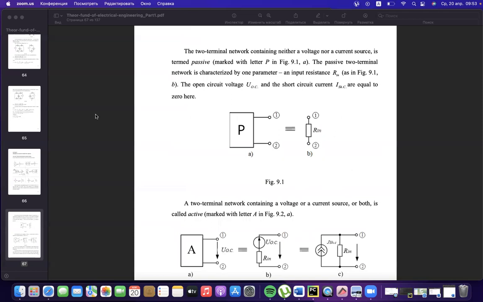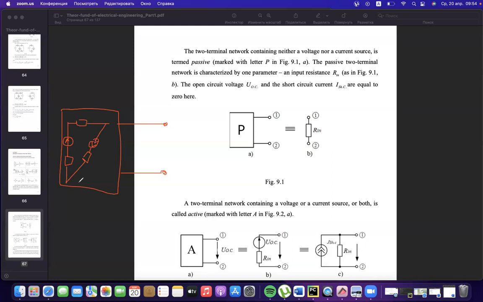But for now, for the equivalent generator case, we are looking at this situation. Another way of simplification for our electrical circuit. If we have some complex case, some circuit with lots of elements, it could be any type of connection.